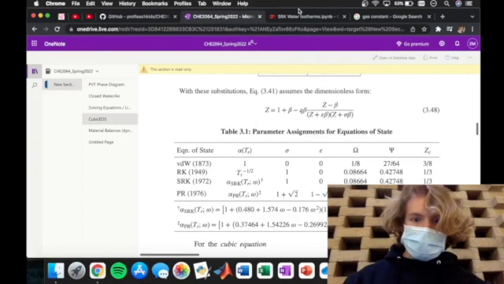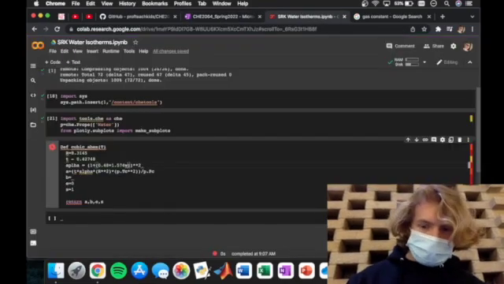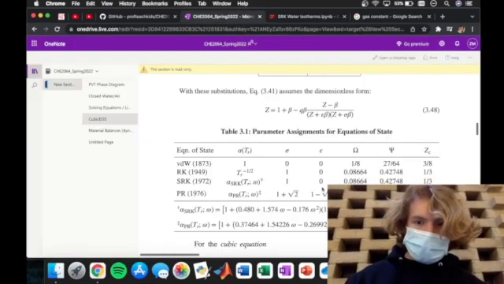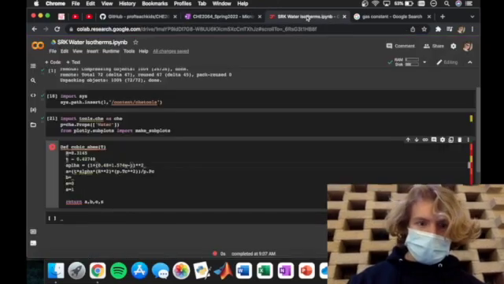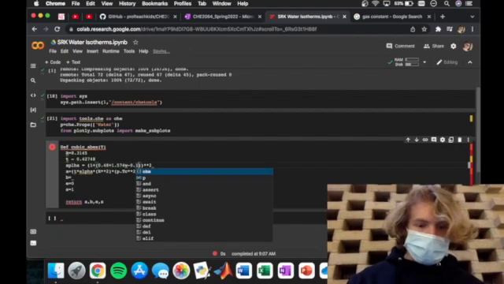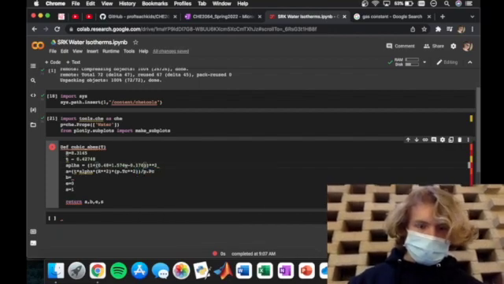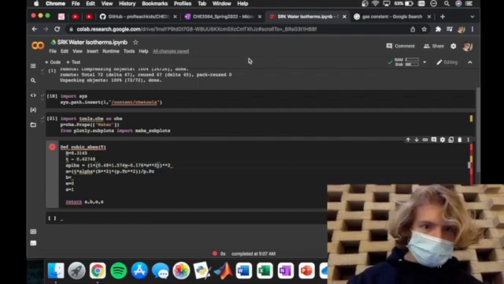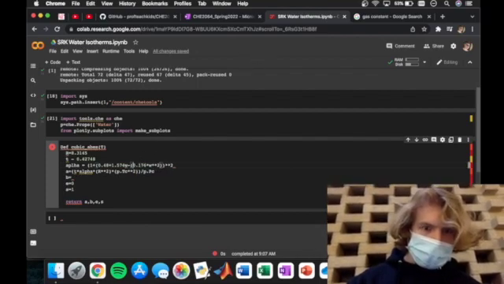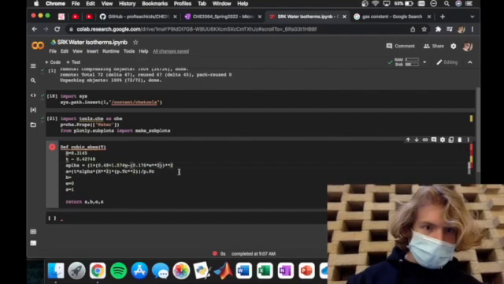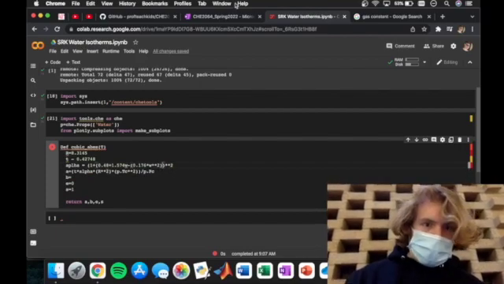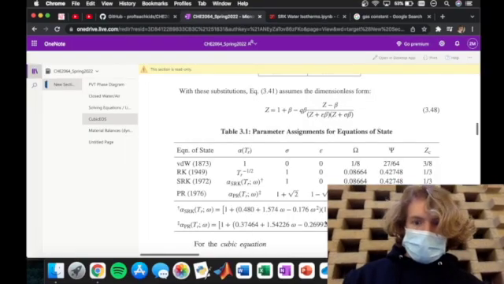Then it's minus, what was it again? 0.176 W squared. Go ahead and get some parentheses around that. And then that is all going to be multiplied by 1 minus TR to the 1/2.